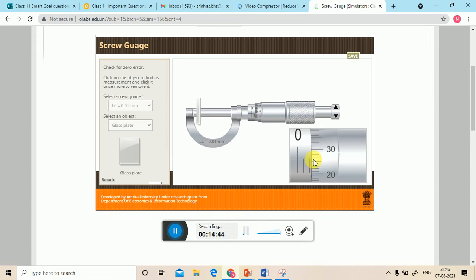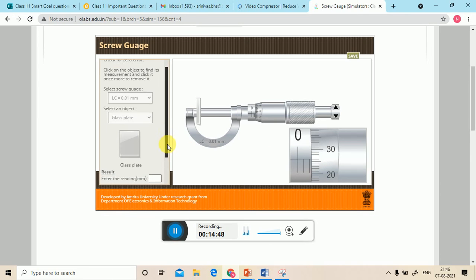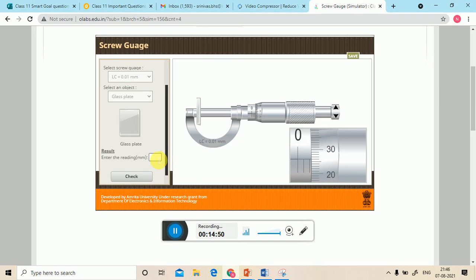So after including this head scale reading and pitch scale reading, let us write the value here: 2.26 is the reading shown here, and if you consider that error, it will come 2.28 millimeters.